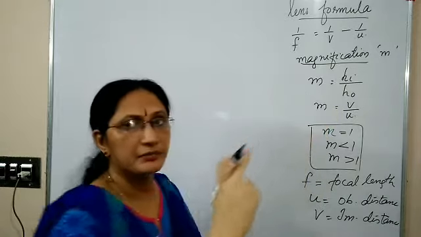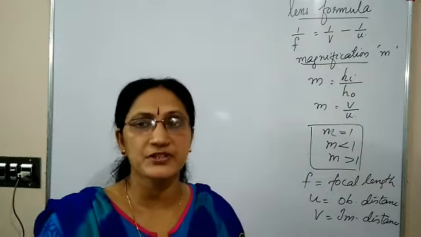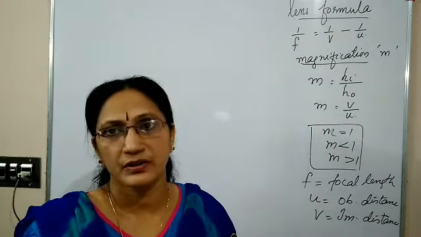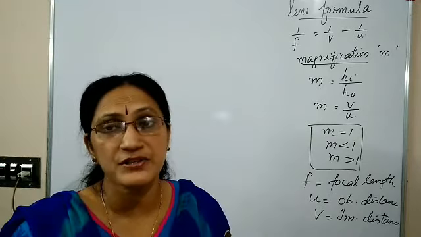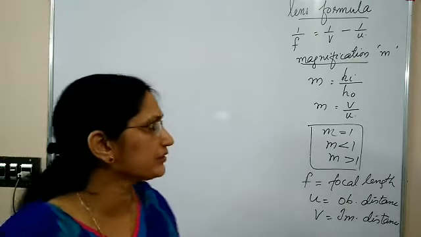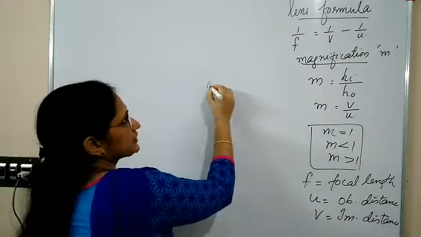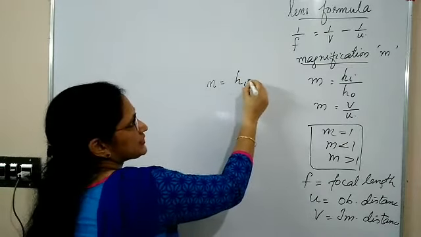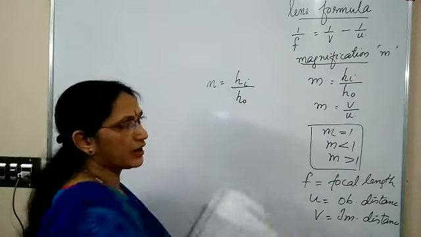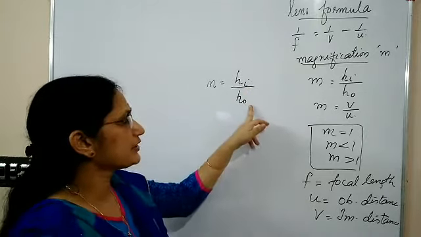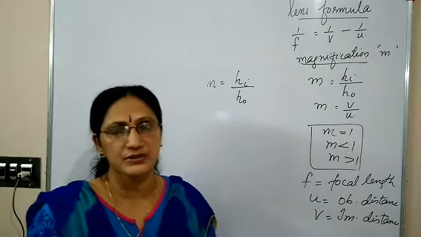Magnification can be either positive or negative. What do you mean by positive magnification and negative magnification? The magnification formula is HI by HO, height of image divided by height of object.